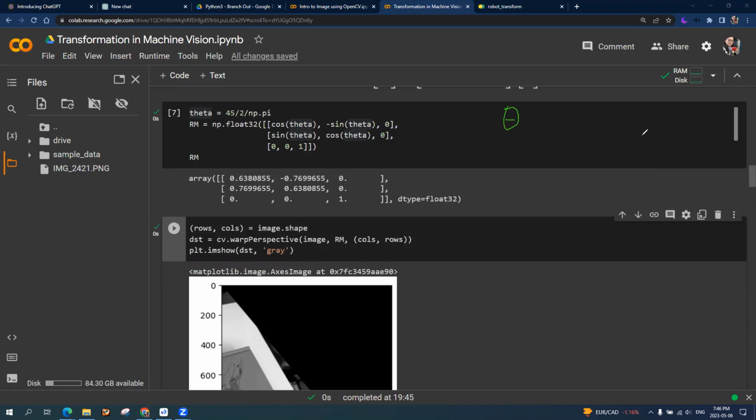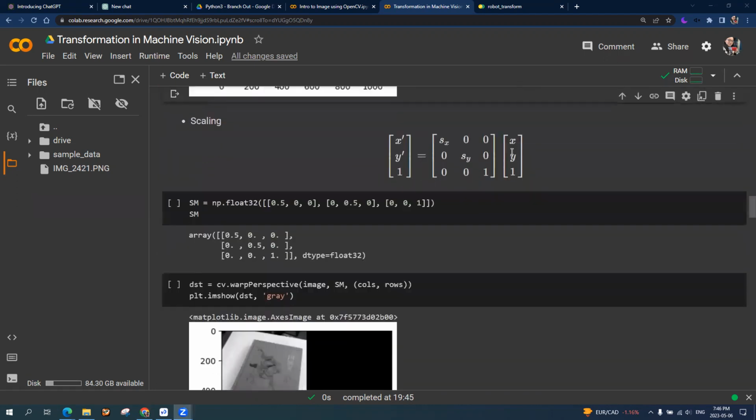Have you seen this before? There's also alpha, and there's beta. Those are very often used when we name an angle, and theta. Okay. All right, let's move on.